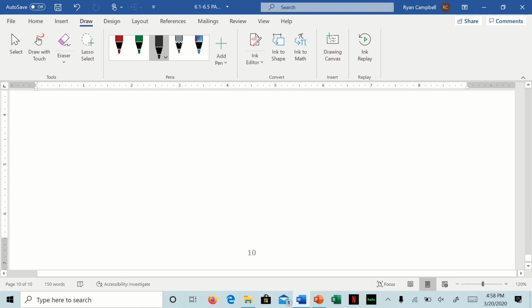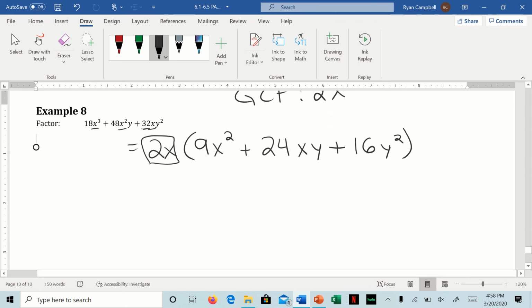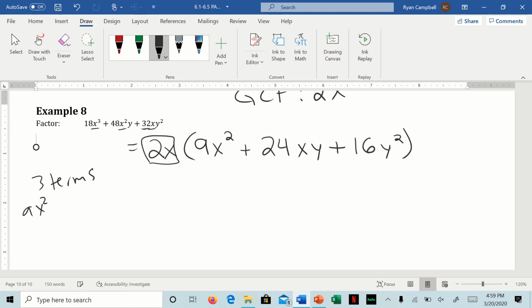We need to make sure to keep that in our answer. So 2x is a part of it. And then let's check out this one. All right, so we have 3 terms, and there's no way to simplify anymore because we already took out the greatest common factor. So we have that ax squared plus bx plus c scenario.